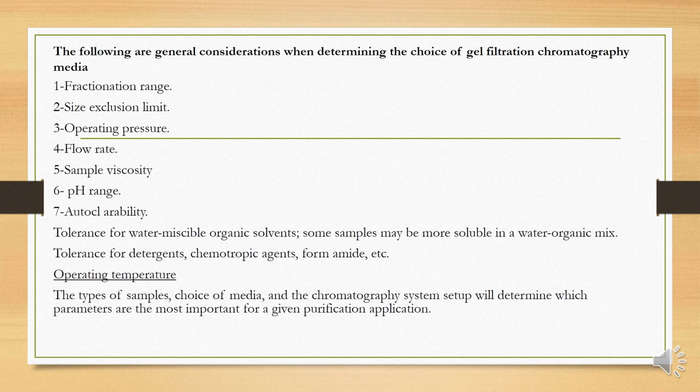The following are general considerations when determining the choice of gel filtration chromatography media. Number 1, fractionation range. 2, size exclusion limit. 3, operating pressure. 4, flow rate. 5, sample viscosity. 6, pH range. 7, alcohol tolerance.